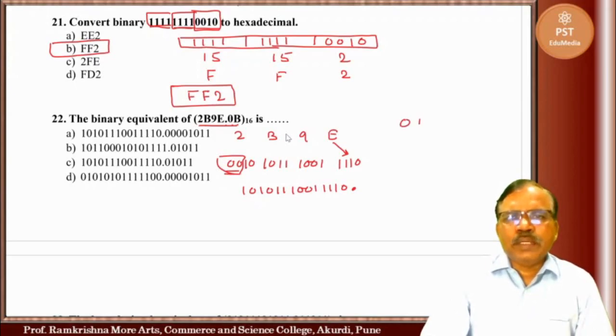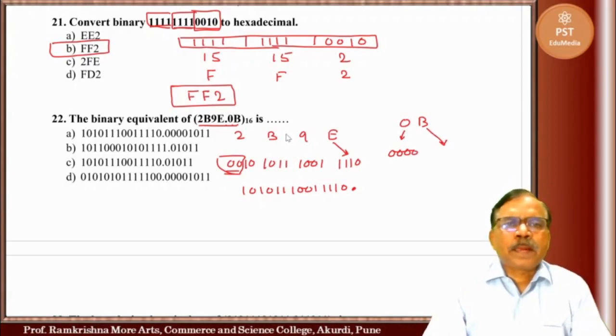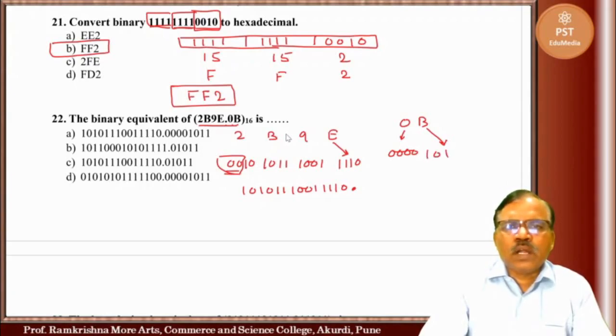Now we have to take the decimal point. So 0B: corresponding to 0 we have 0000, and corresponding to B we have taken 1011.